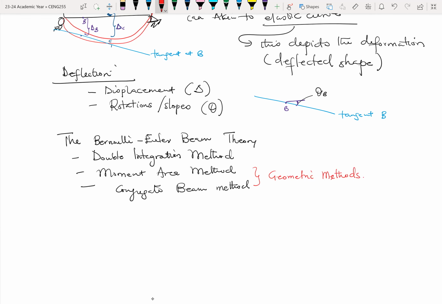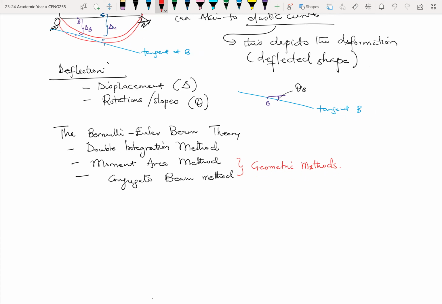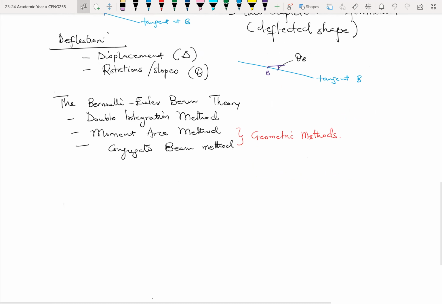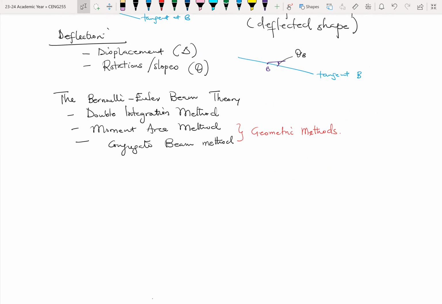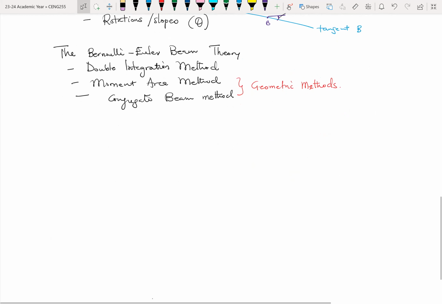So these are the methods we use to calculate deflections. Typically, these methods are used for statically determinate beams, right? So we are still within the statically determinate environment. We've not moved to the indeterminate environment yet. We'll try and do some of them today.